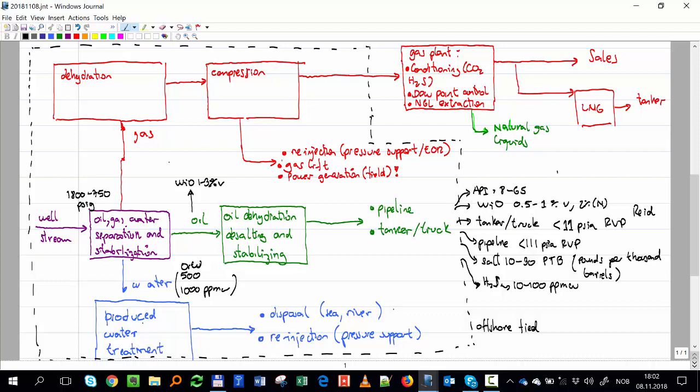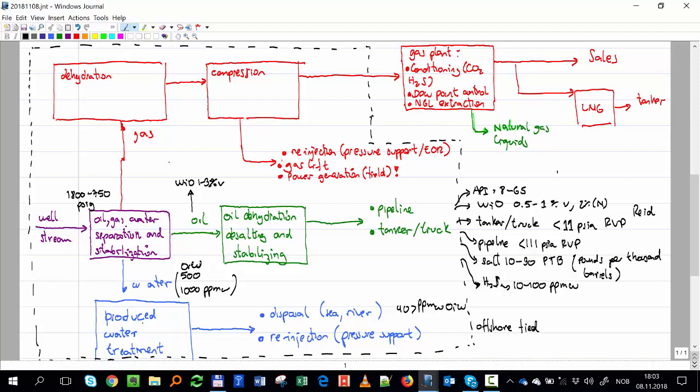And for disposal, to water or river, I need at least less than 40 ppm oil in water, and this is ppm in weight. You have to be less than 40 ppm.